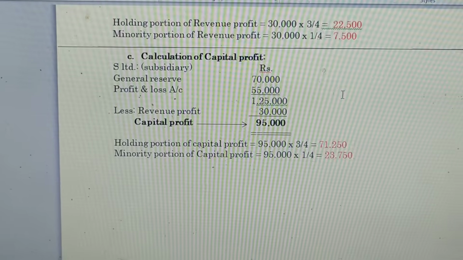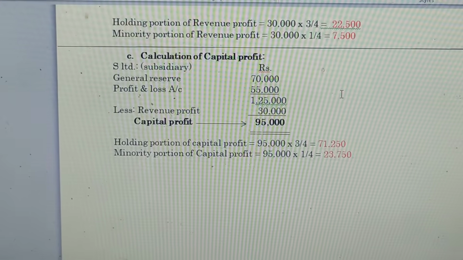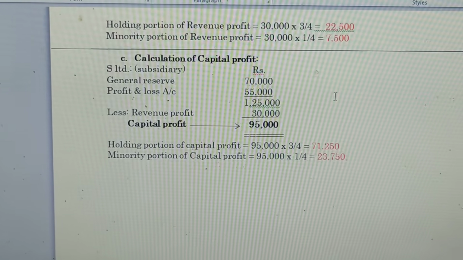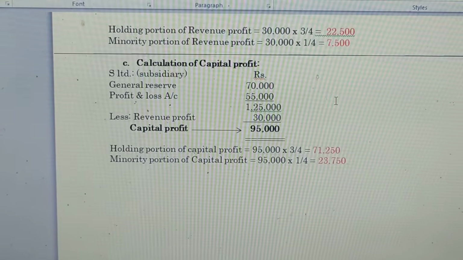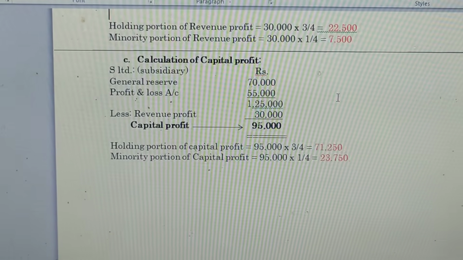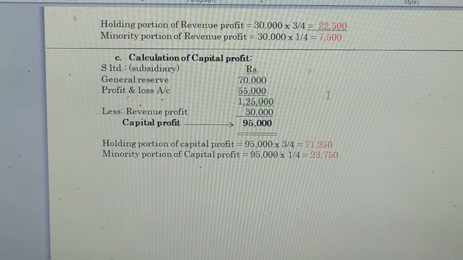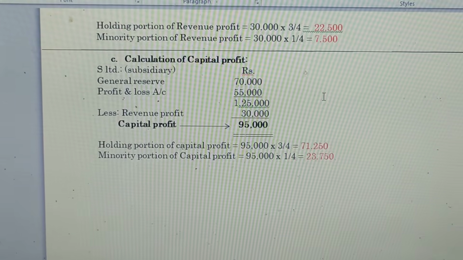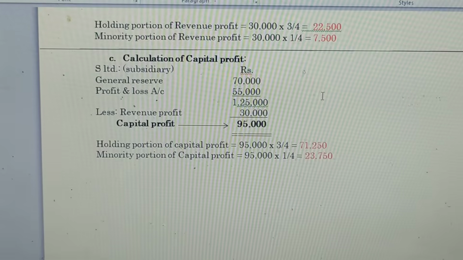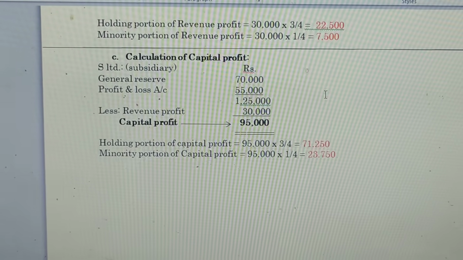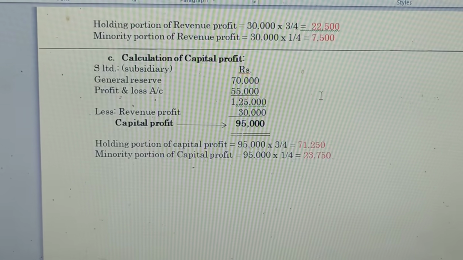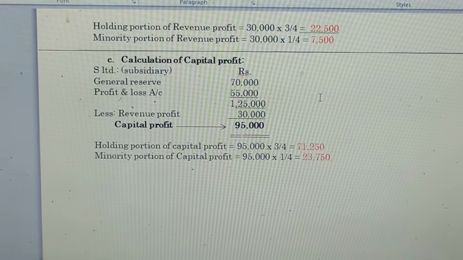After deducting that amount, the remaining value is 95,000. That is called capital profit. Holding portion of capital profit equals 95,000 multiplied by 3 divided by 4, we get 71,250. Minority portion of capital profit equals 95,000 multiplied by 1 by 4, we get 23,750.